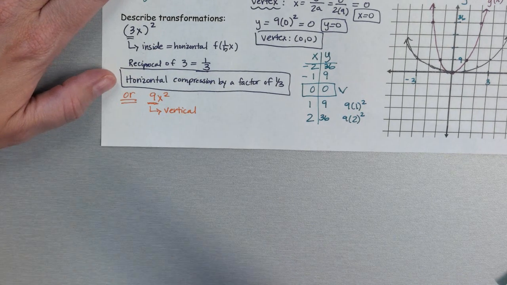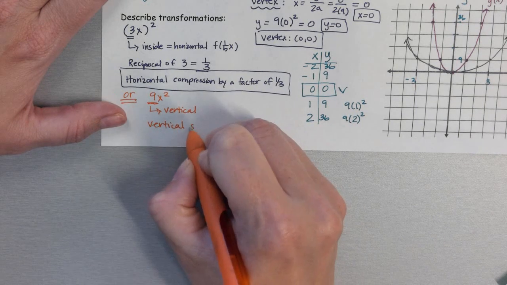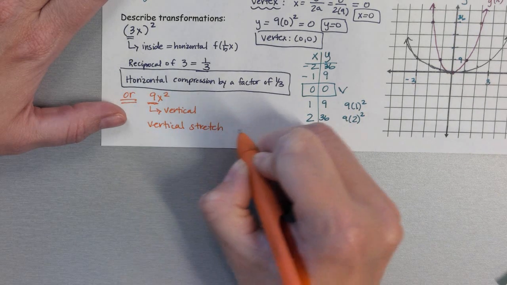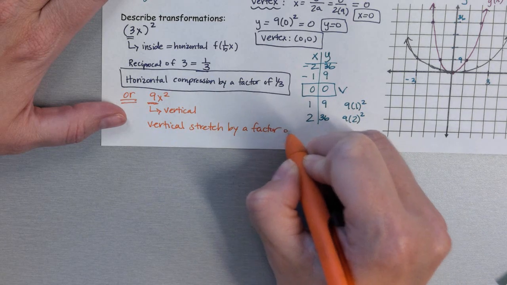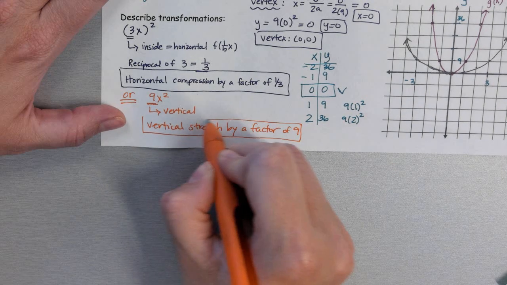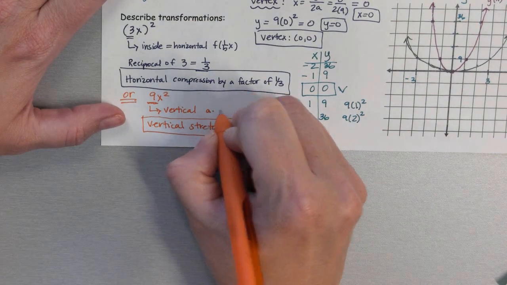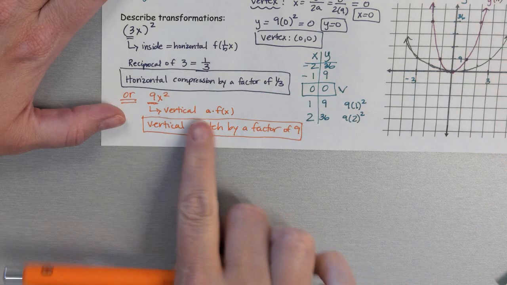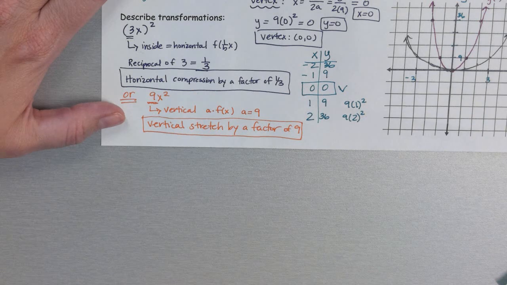If the value is greater than 1, it's going to be a vertical stretch. And this is by a factor of 9. So with vertical, it is what you see. You're not using the reciprocal. Remember, the rule for vertical is a times f of x. So your factor is a. Your a value is 9.